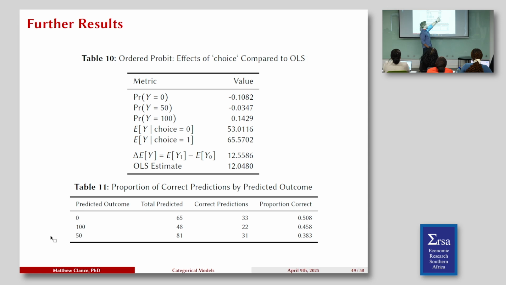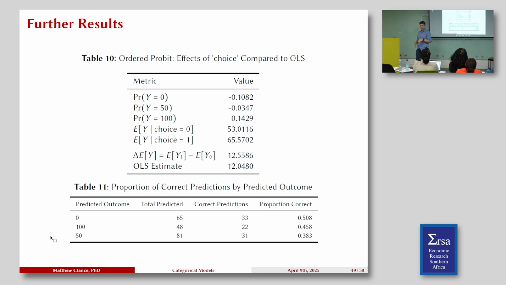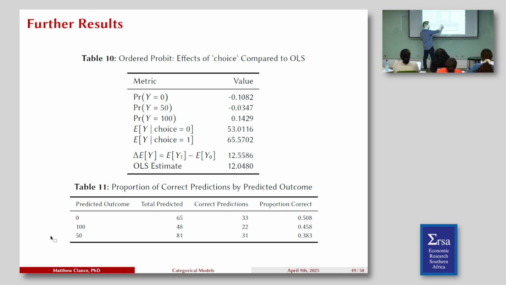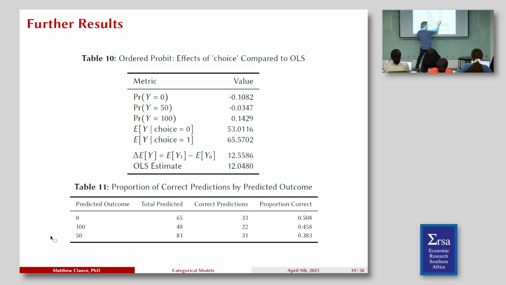When I don't have the choice, choice is 0, it's going to be 53.011. Think about this the same way as when we did that discrete outcome with the logit: it's the difference between have it and don't have it. When we take the difference between the two expectations, the outcome equals 12.55.